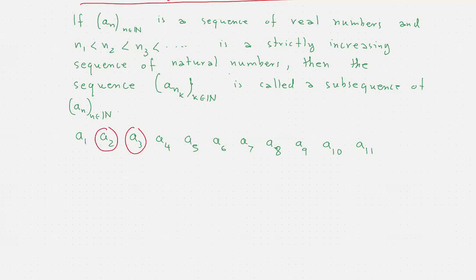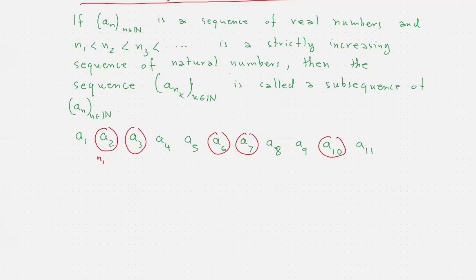And a way to make such a choice is by choosing the indices of the terms that we want to keep. So the first index that we want to keep here is 2. Then we have 3.